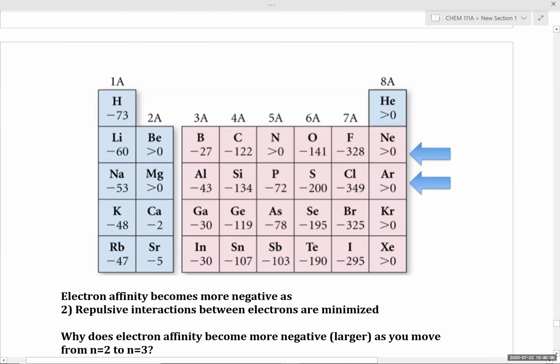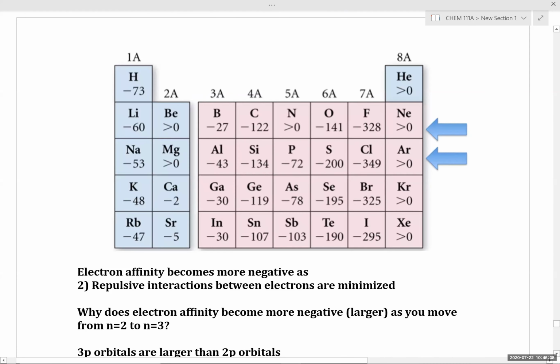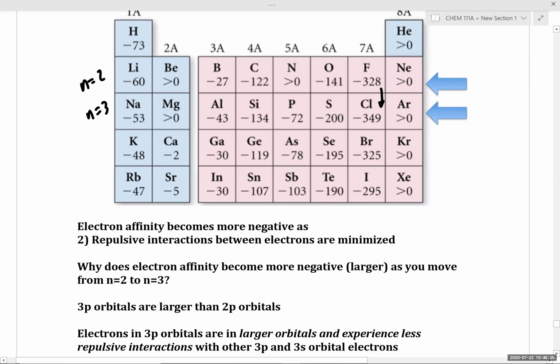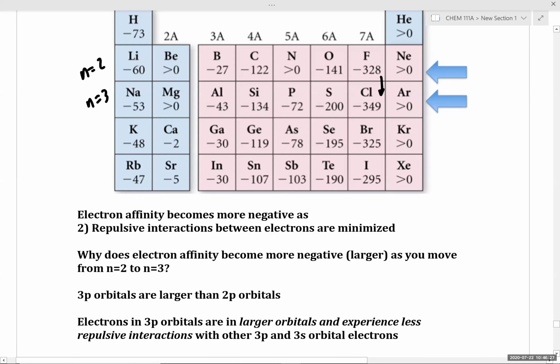So let's look at another exception which occurs when we move down the periodic table. So let's try to explain what's going on with our electron affinity. Why is our electron affinity increasing as we go from n equals 3 to n equals 2? Well, let's start off with some basic premises.